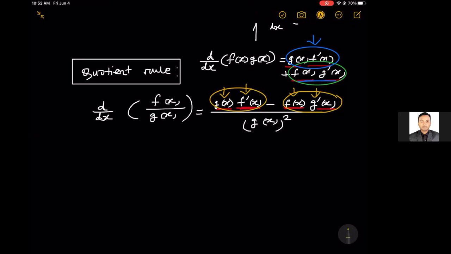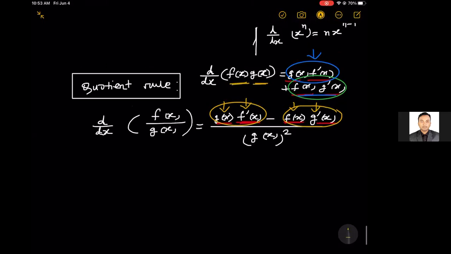I understand. So in the product rule, where you find the product, changing the order doesn't really change anything, because 3 times 6 is 18, and 6 times 3 is also 18. So you can change the order, no problem.